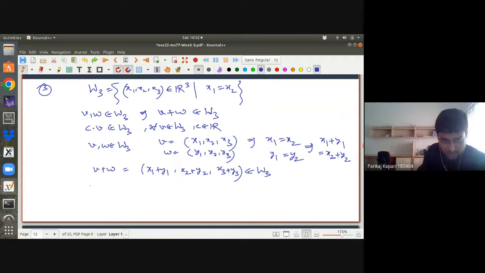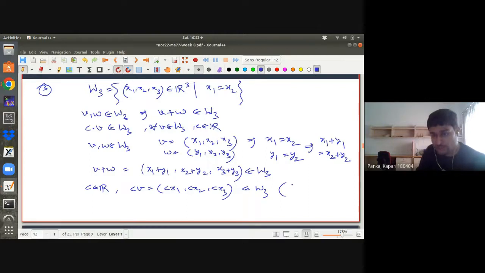Let's take c in R, any real number. What is c times V? It's c times x1, c times x2, and c times x3. This vector also belongs to W3. Why? Because cx1 is the same as cx2, since x1 is the same as x2.